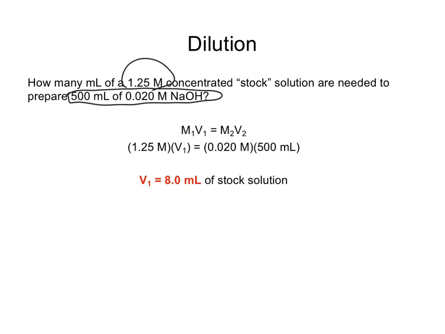So if you have milliliters on both sides, that works out, or you have liters on both sides, that works out fine. That would be 0.008 liters needed. But you can't mix it up. You got to have one or the other. So solve for V1 there. That's the amount of stock solution needed, 8 milliliters of 1.25 molar. Put it in the 500 milliliter flask, and you're going to get 0.02 molar.